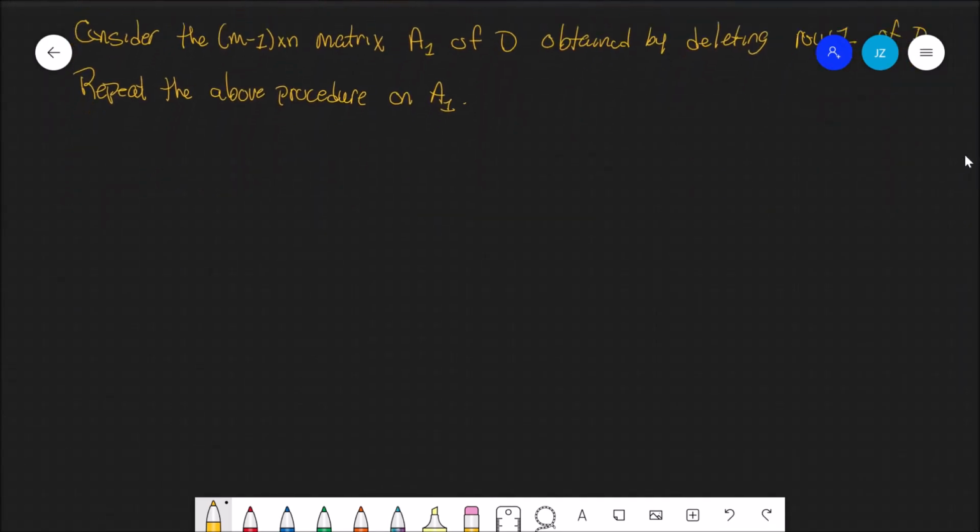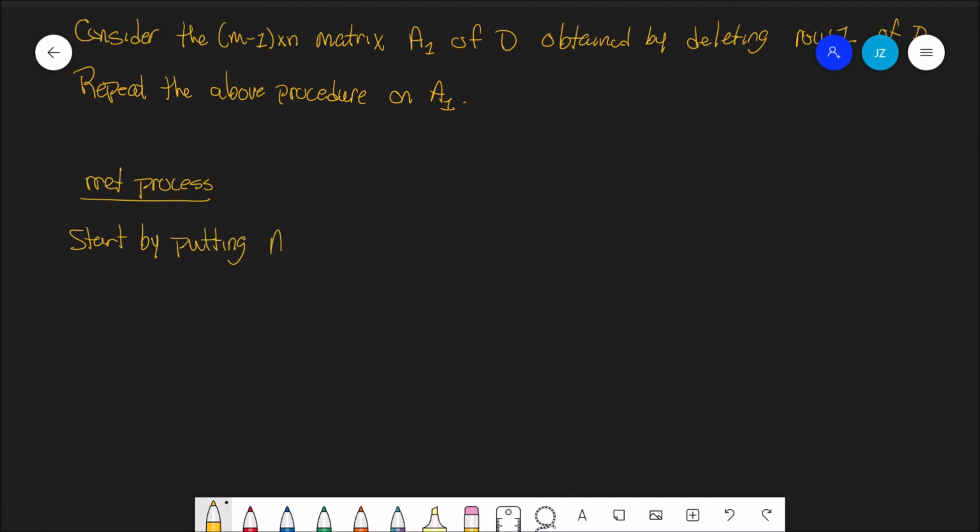To put a matrix in RREF, we start by putting it in REF using the process that we just described.